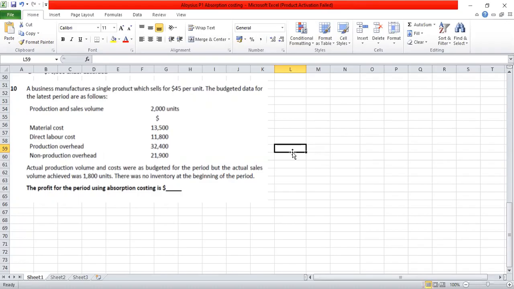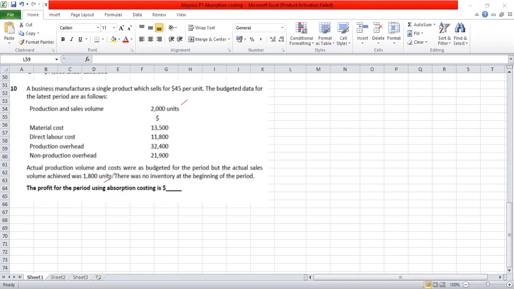The profit for the period using the absorption costing is, okay, production and sales is 2000. They produced these units, fine. Then they sold 1800 units. So what's the ending inventory? The ending inventory is 200 units.